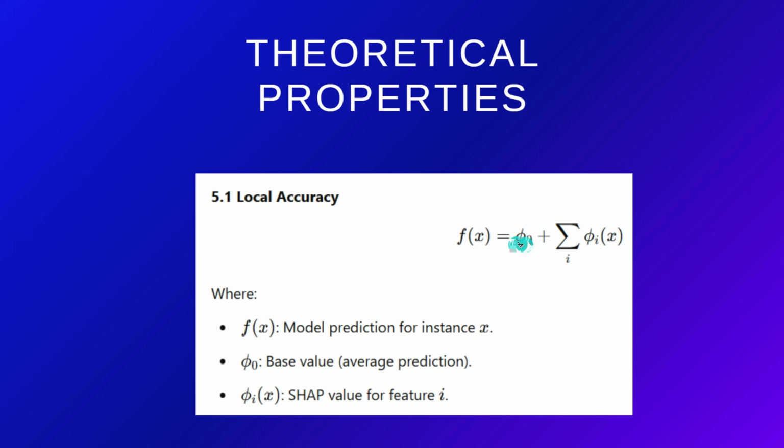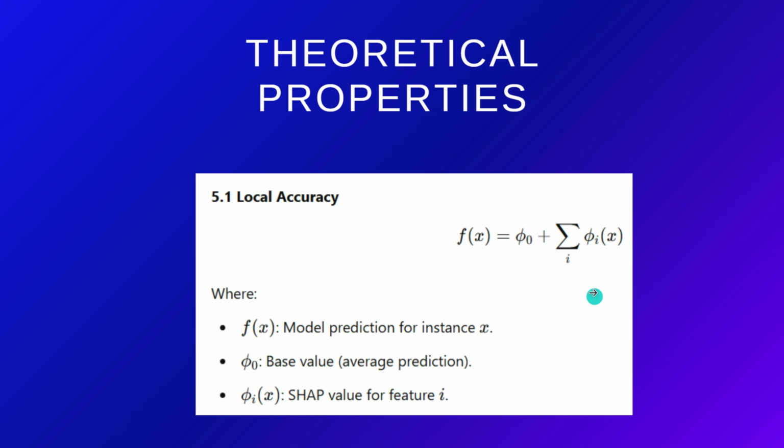This is the base value, which is essentially the average prediction of the model across the entire dataset. You can think of it as the baseline or starting point for an explanation. Every prediction begins at this base value, and the SHAP values then adjust it. And what is that?